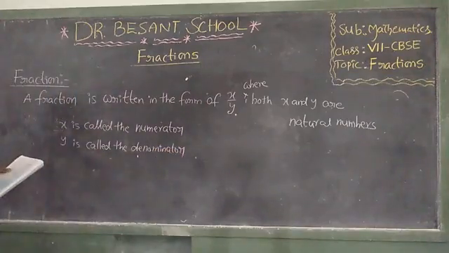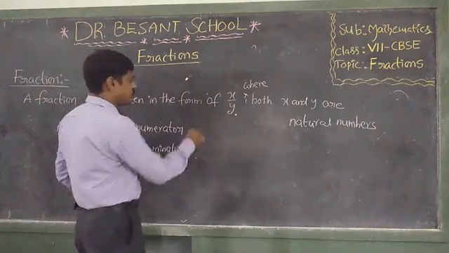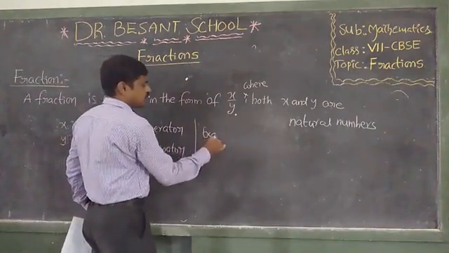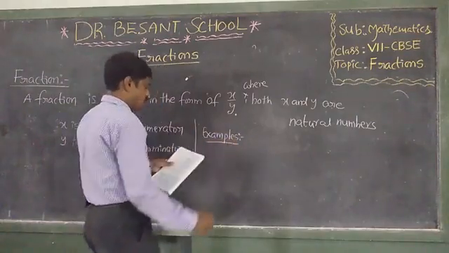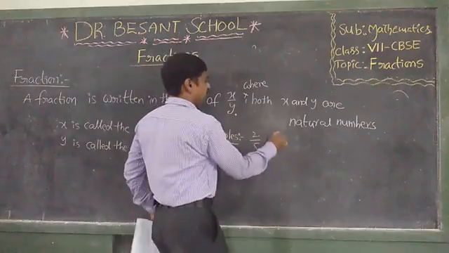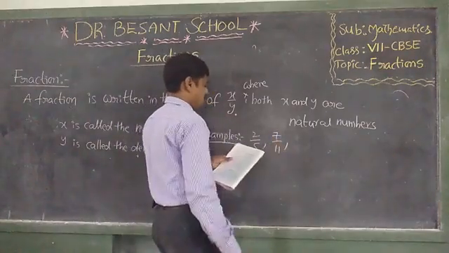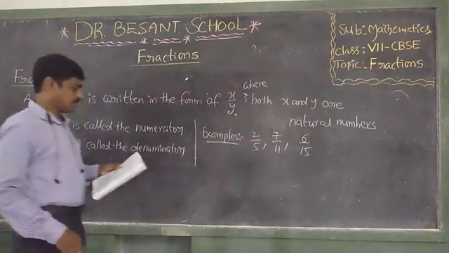Okay children, next, examples. Here are textbook examples: 2 by 5, 7 by 11, 6 by 15. So these are in your textbook examples.